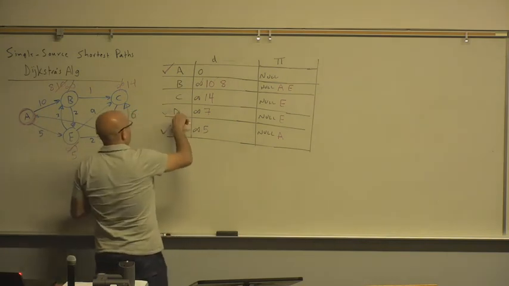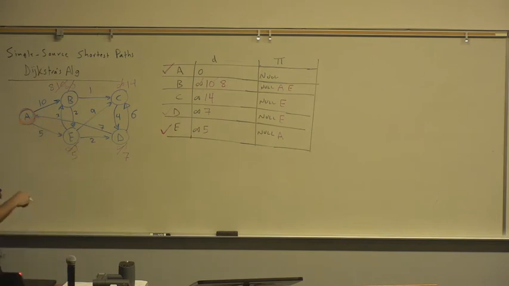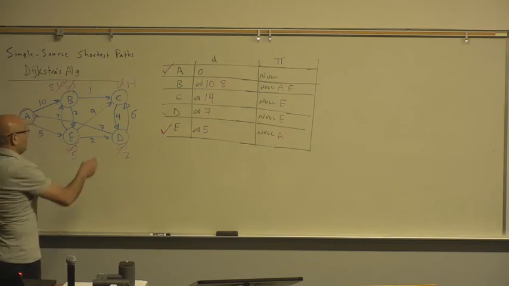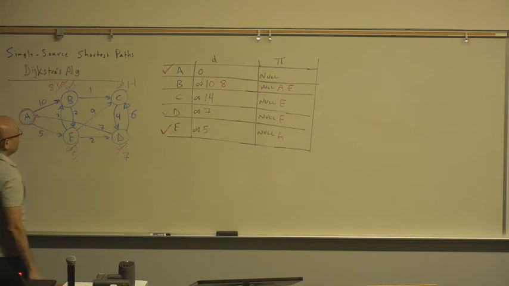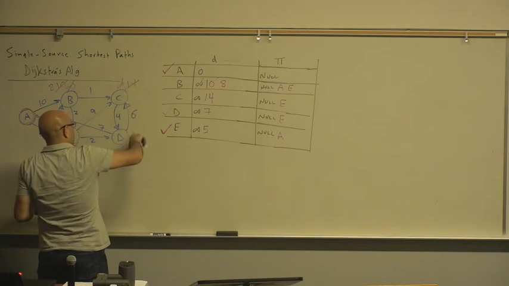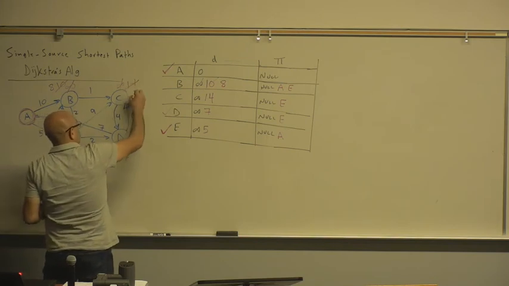So before I take it out, I'm going to check on the neighbors to see if I can discover better paths to these neighbors. So what are the neighbors of D? First neighbor is C. And C, now I can update this to 7 plus 6, which is 13.